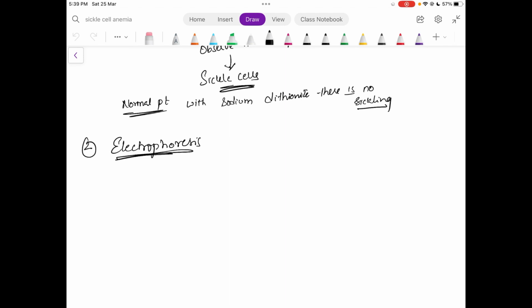And this electrophoresis is usually done for sickle cell screening. The patient's blood is used for finding out abnormal hemoglobin, and this is done in an alkaline pH.